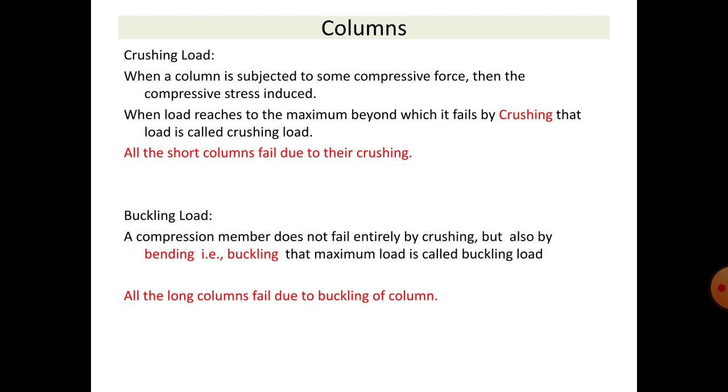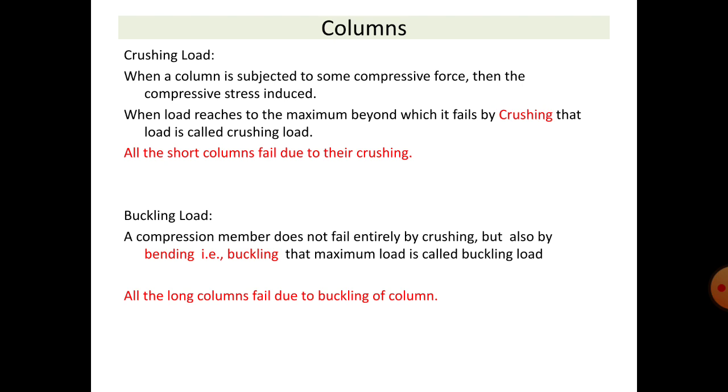In a column we don't have flexural bending. Whenever there is bending and shear, that type of loading is called flexural loading or flexural bending. Here there is no shear and no bending. If there is bending, it is called by a different name, which we'll come to.